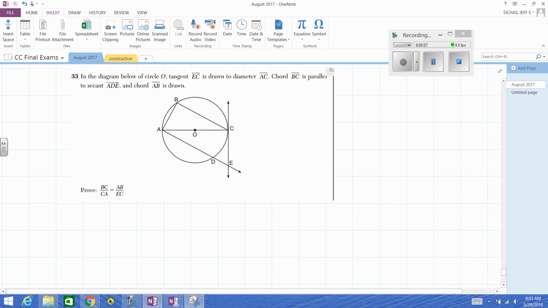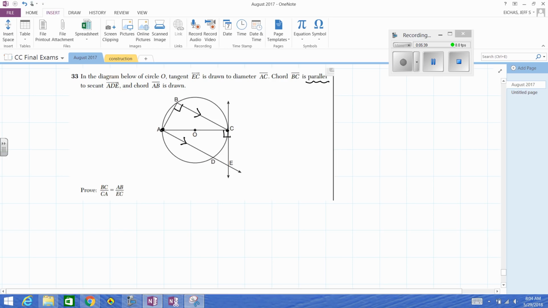Number 33. Okay. BC and AE. Okay, so I've got parallel. Okay, I see it right here. Those are right angles, for a couple of reasons. B is opening up to a diameter. It's an inscribed angle. Its intercepted arc is a semicircle, 180.